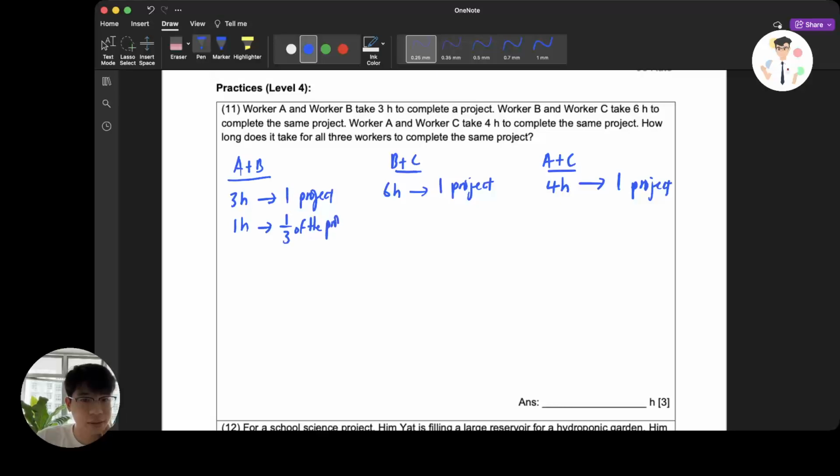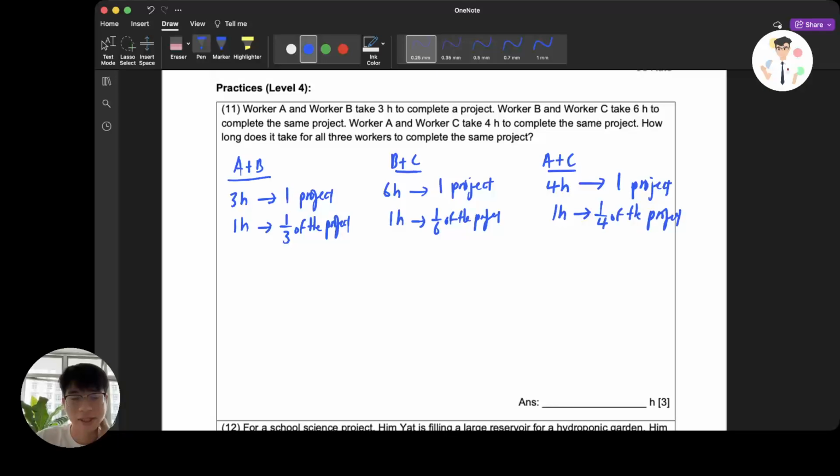Make sense? Now, this is similar to what we did on top, okay? If 6 hours is one project, it means that 1 hour is 1/6 of the project. If 4 hours, 1 hour means 1/4 of the project.